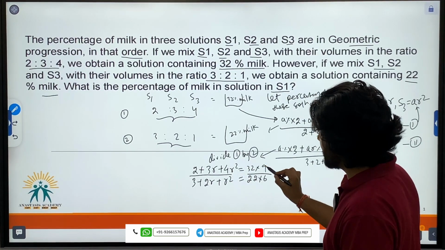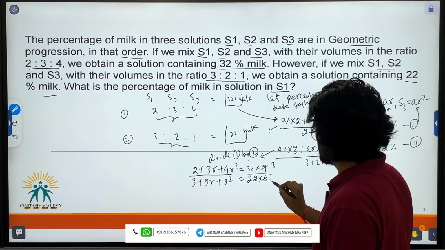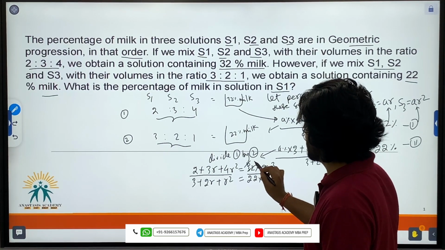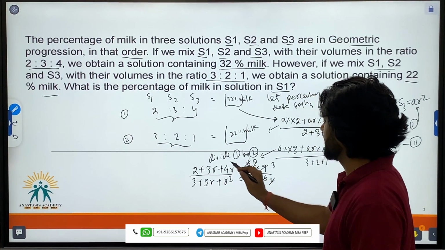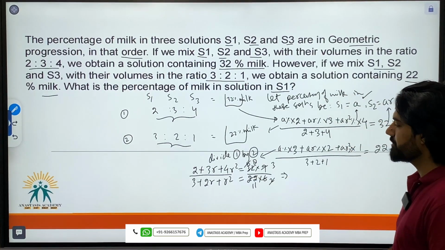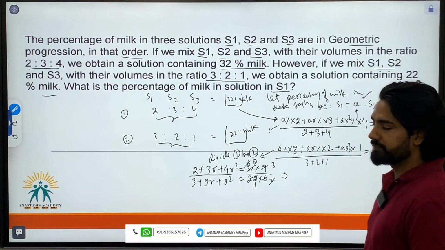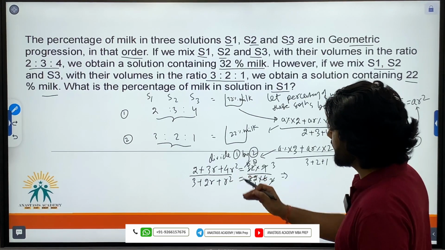Now cancel out the terms 3, 2, 16, 8 and 11. Cross multiply these terms to get the value of r, or get that quadratic equation in r.